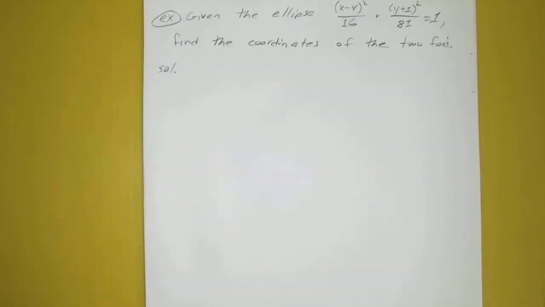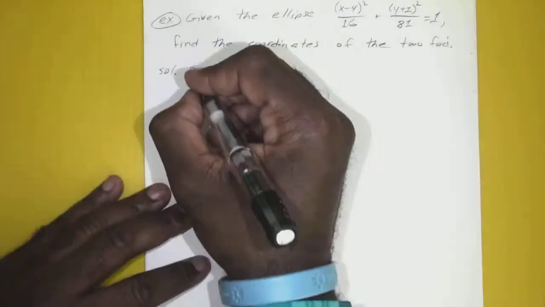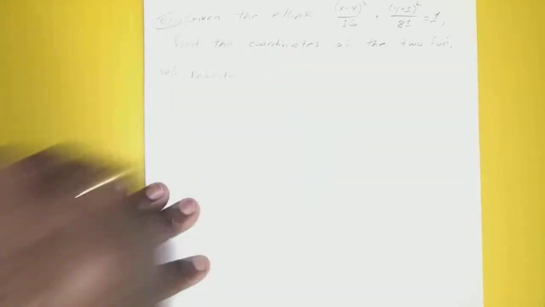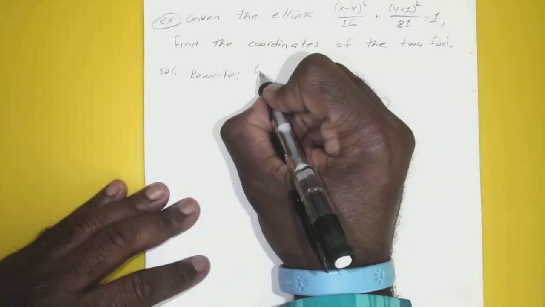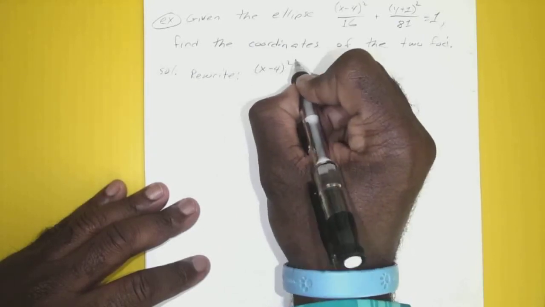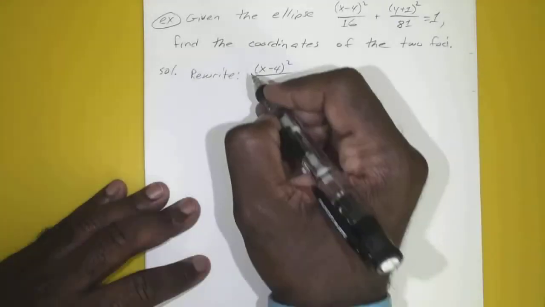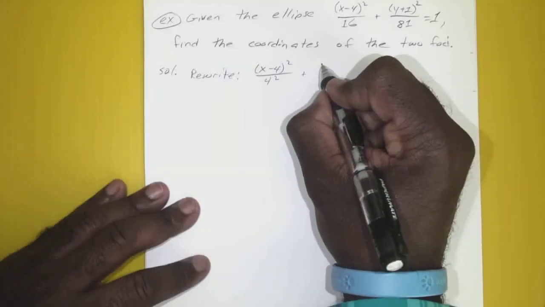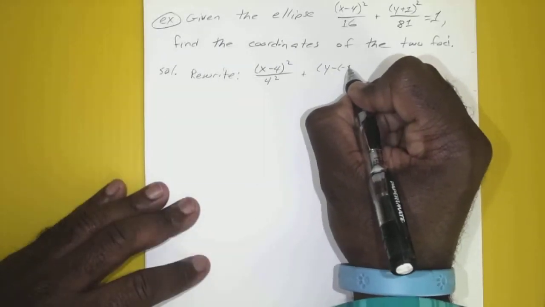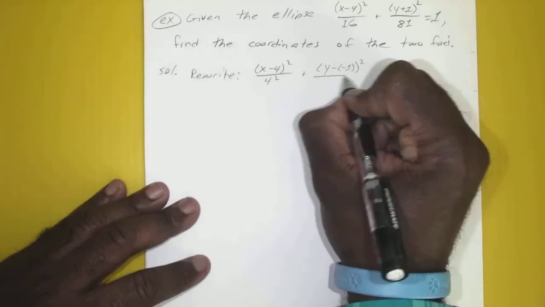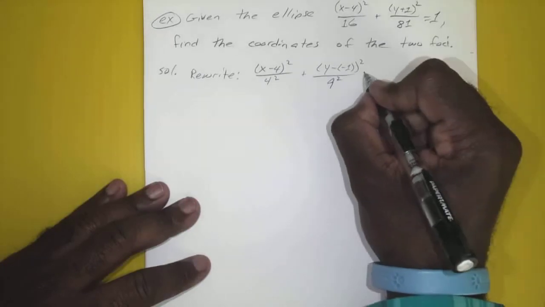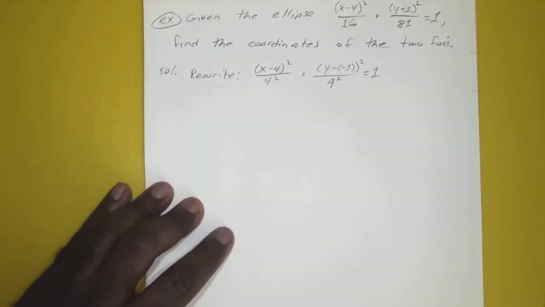So just like before, we're going to go ahead and rewrite it. Okay, so we have our x minus 4 squared, and instead of 16, we're going to make that 4 squared, plus y minus negative 1 squared, and instead of 81, we're going to make that 9 squared equals 1.